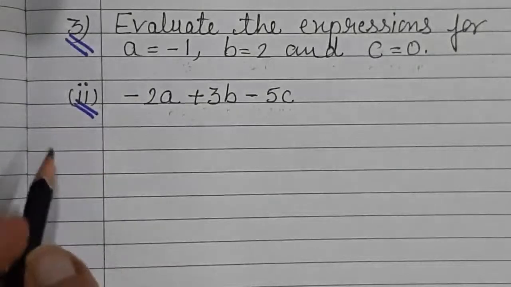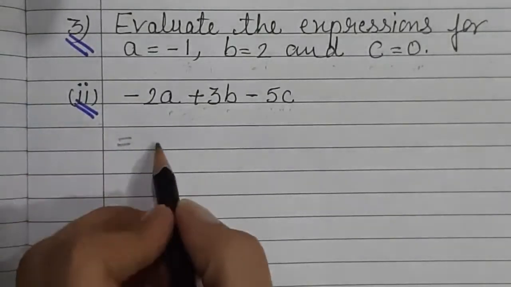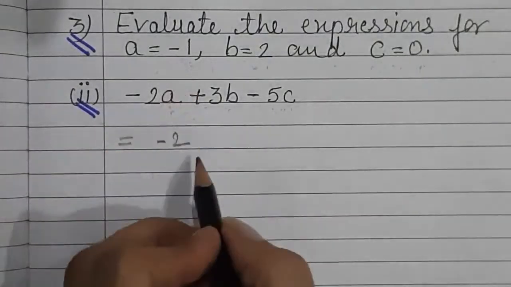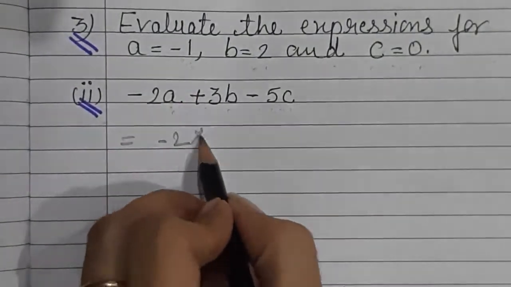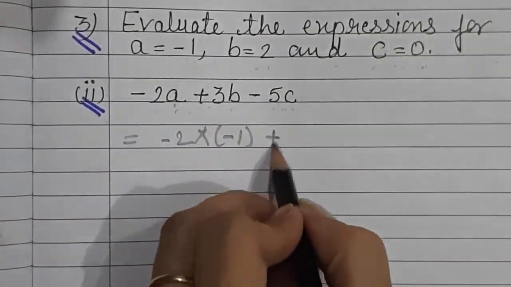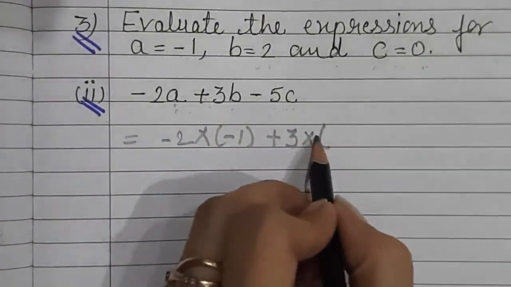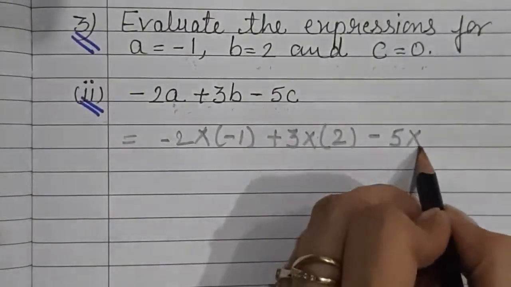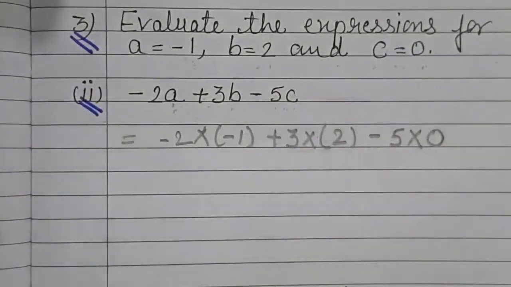So put first, minus 2a, a is minus 1, so here you have to put minus 1 instead of a, plus 3 instead of b, 2, minus 5 instead of c, 0.